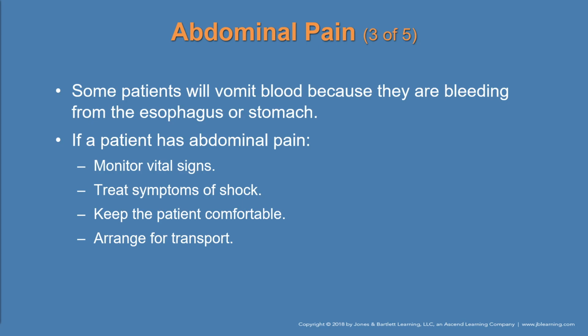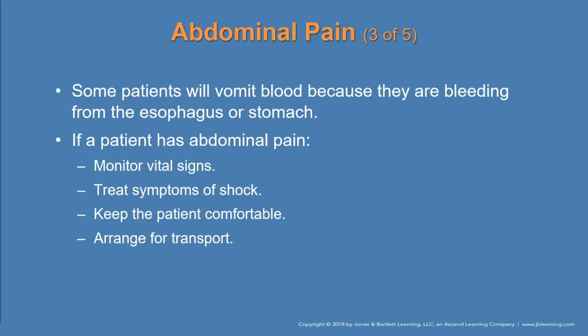Some patients with abdominal pain will vomit blood because they're bleeding from the esophagus or stomach. If the bleeding is in the stomach or above, they will vomit. If they vomit dark digested blood, it's from the stomach. If they vomit bright red blood, it's from above the stomach, so the esophagus.